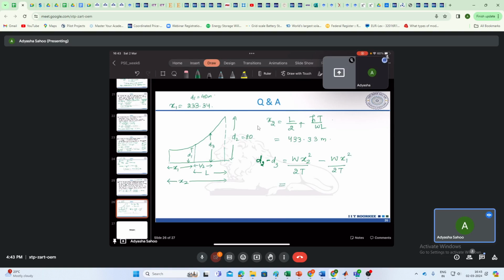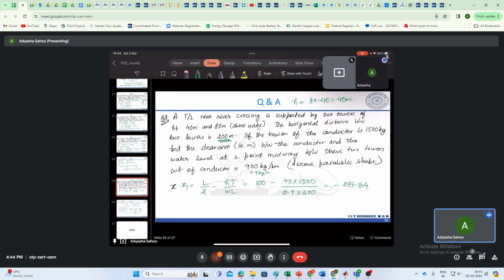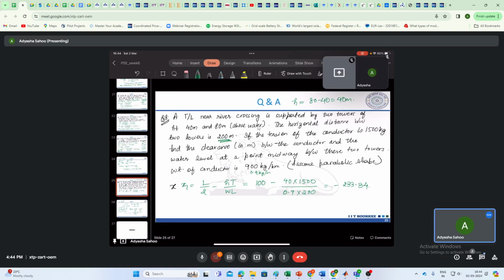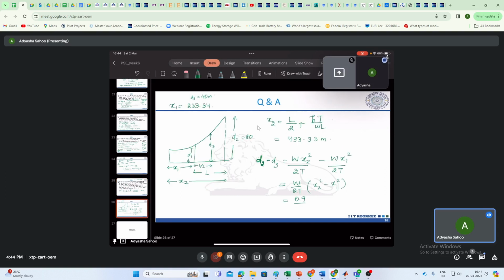So this will come out as W by T into X2 square minus X1 square. W was 0.9, I think. T is 1500. X2 is 433.33.